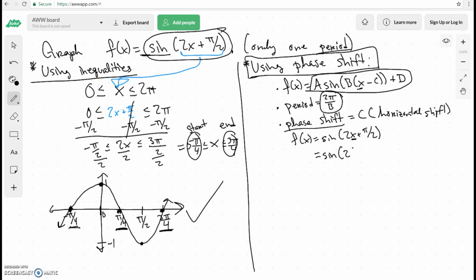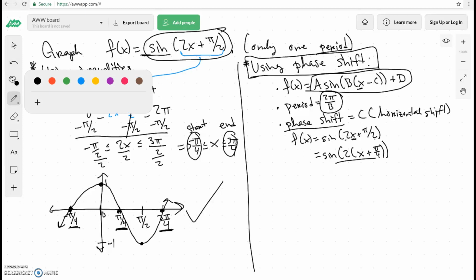Then I'm going to have x plus, when I take out a 2 here, this is where it gets a little complicated. What I get is pi over 4 because I took out a 2. What you can do is divide pi over 2 by 2, and that gives you pi over 4. Okay, so now I have it in the form that I want.